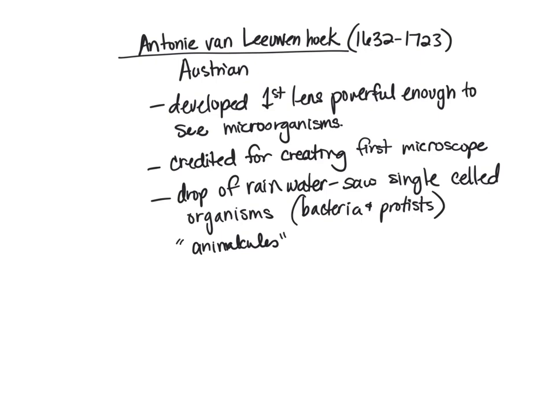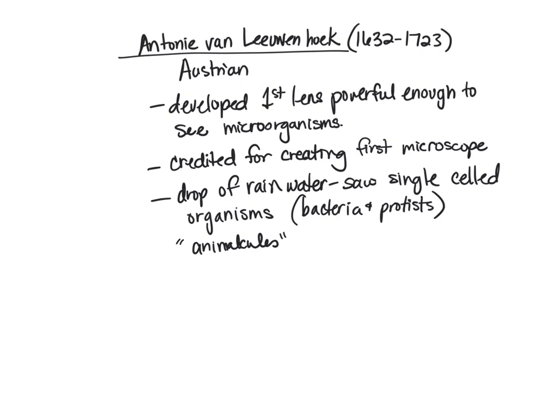So he did drawings of these little organisms, and that's how we know now that they're bacteria and protists. We can take a look at the drawings and compare them to things that we know now. His contribution really opened things up as far as microbiology is concerned, because people were able to take a look at these organisms and study them.